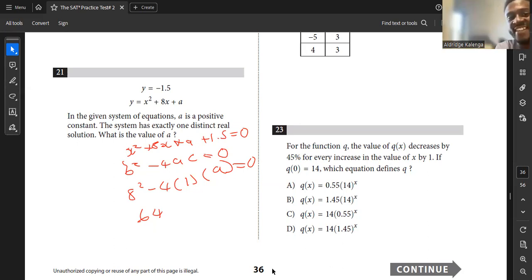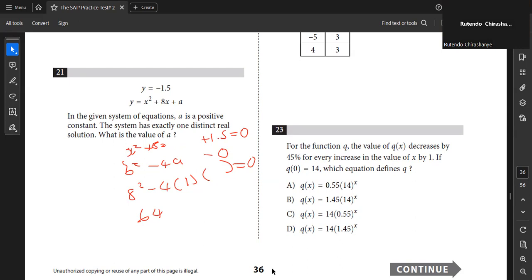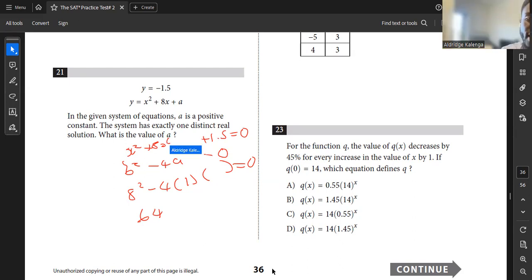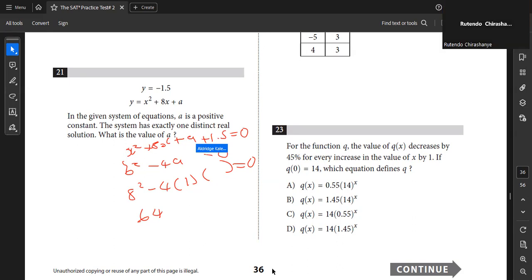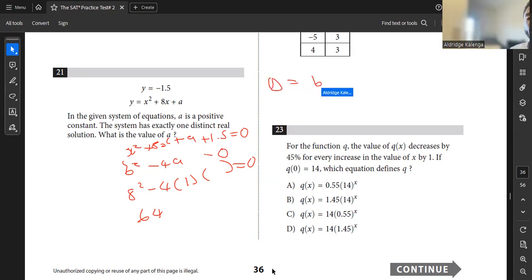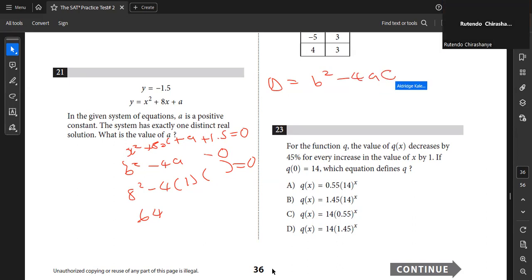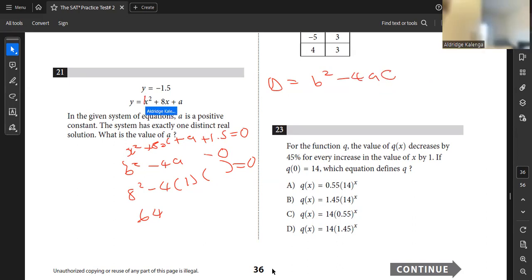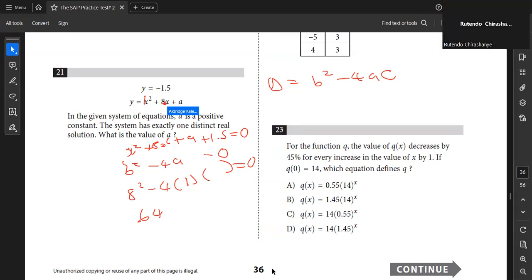Let me write this properly. Remember that this is 8x plus a. The discriminant is equal to b squared minus 4ac. In here the coefficient of x squared is 1, the coefficient of x is 8, in this particular case, and then the constant is a.